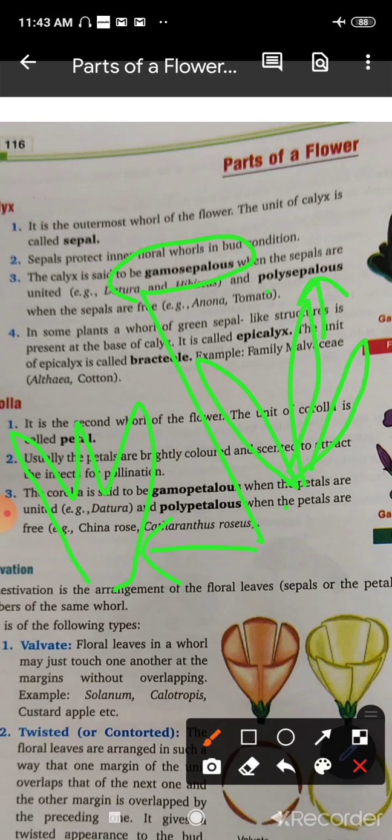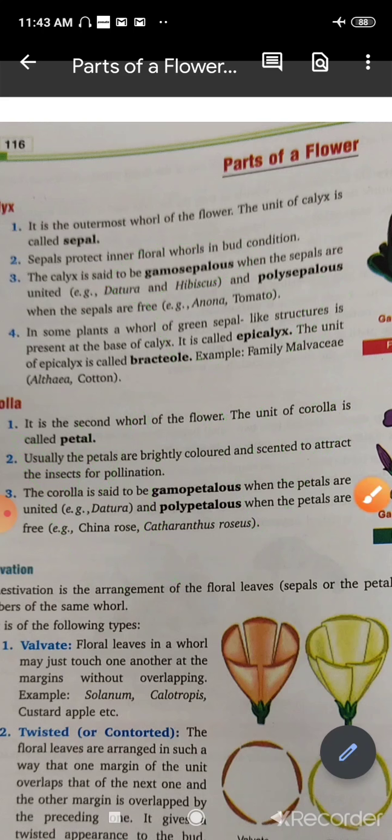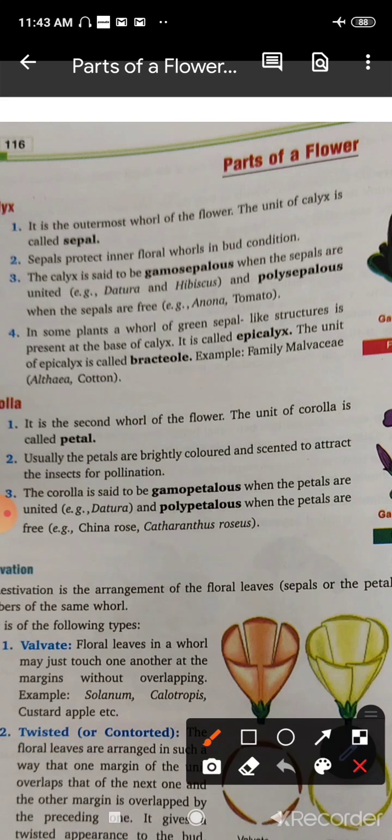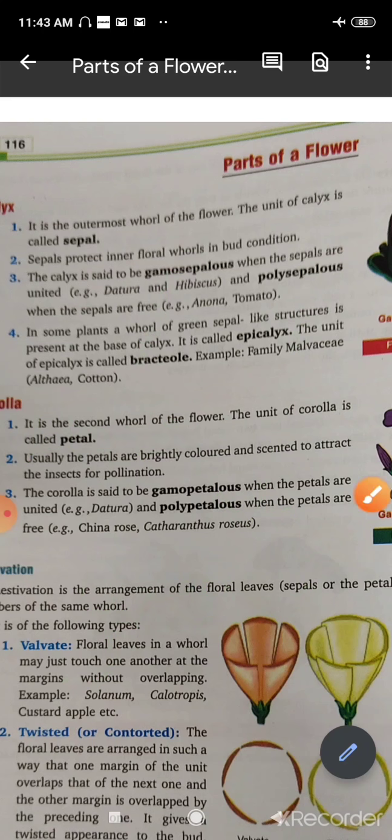So gamo is when the floral parts are united, and poly is when the floral parts are free. All throughout we will come across these terms gamo and poly. Gamo means united and poly means free.